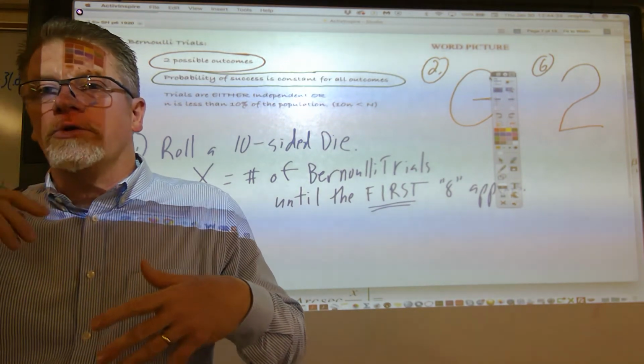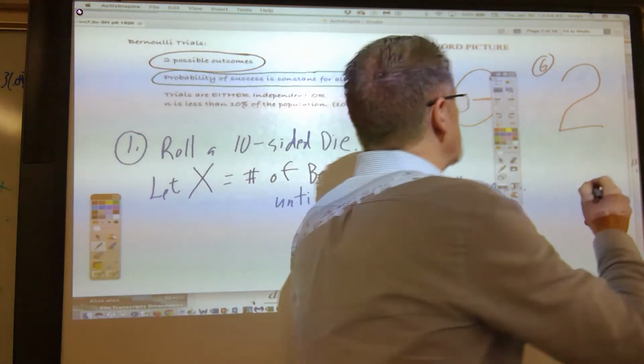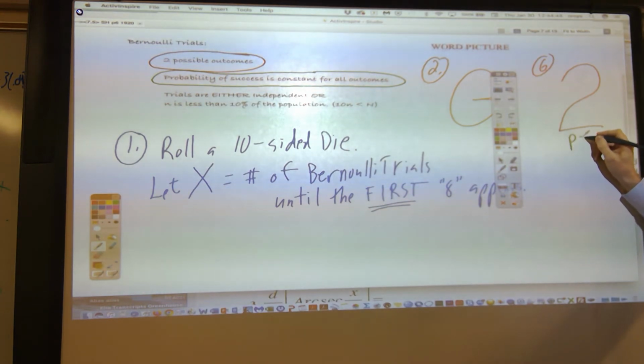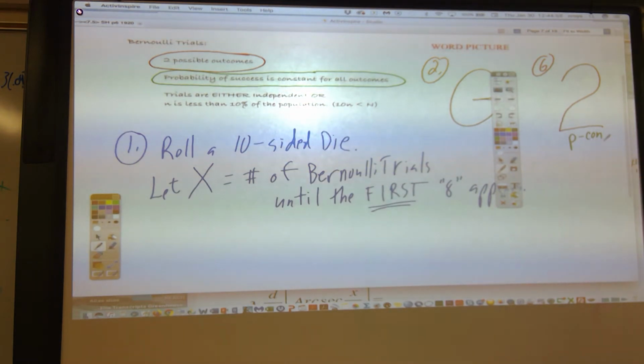The probability of rolling an 8 the second time is still 1/10. It's constant. So under the 2, in your picture, we're artists today. Switch to the green paintbrush, and just put p under there. That's just a little reminder. p, which is the probability of success, has got to be constant. And you can put that on the word picture quiz also.